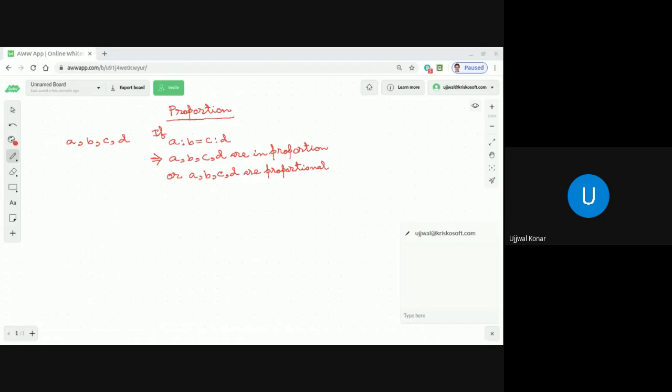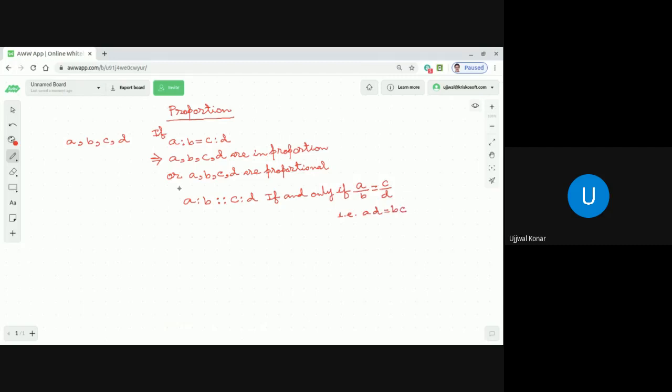We can express it as A is to B proportional to C is to D. This is the way we express it. So we write A is to B double colon C is to D if and only if A by B is equal to C by D. Or we can say A into D is equal to B into C.